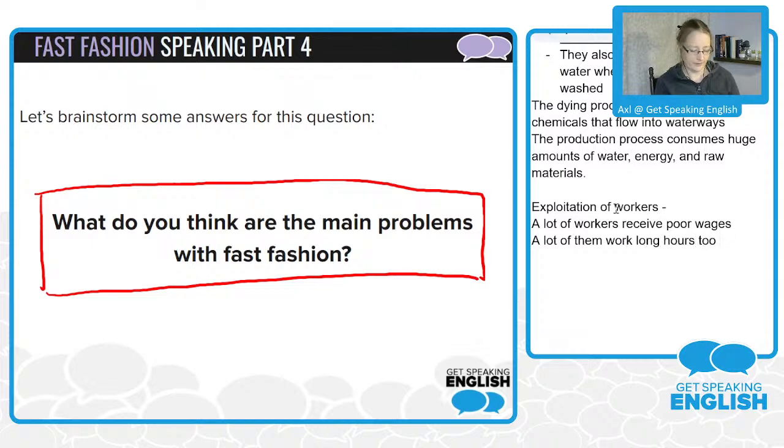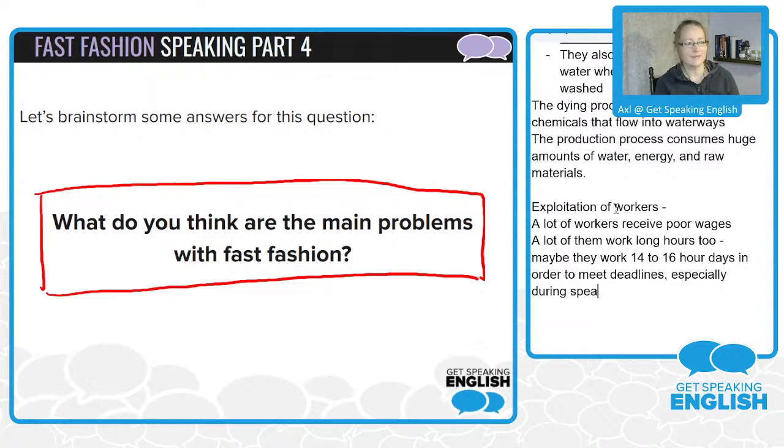Maybe they work, I don't know, about 14 to 16-hour days, for example, in order to meet deadlines, especially during peak seasons. So peak seasons as in times of the year when people are buying more clothes.